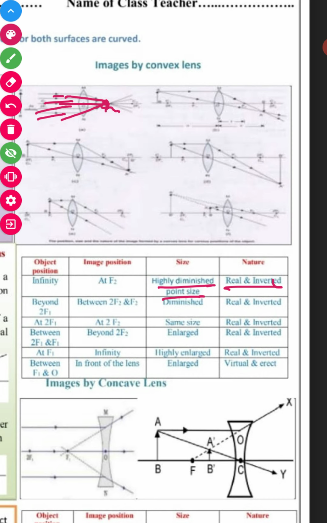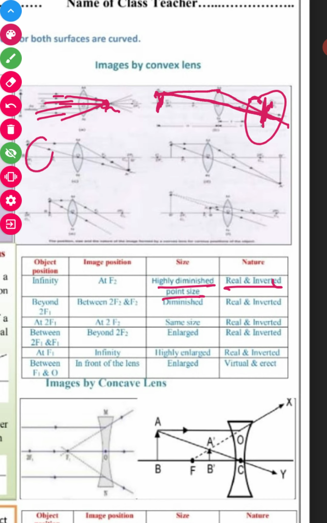And when the object is beyond 2f, one ray coming parallel to the principal axis bends towards the focus. Another ray of light passes through the optical center without deviation, and where these two lines meet, the image is formed. This is diminished, real, and inverted.